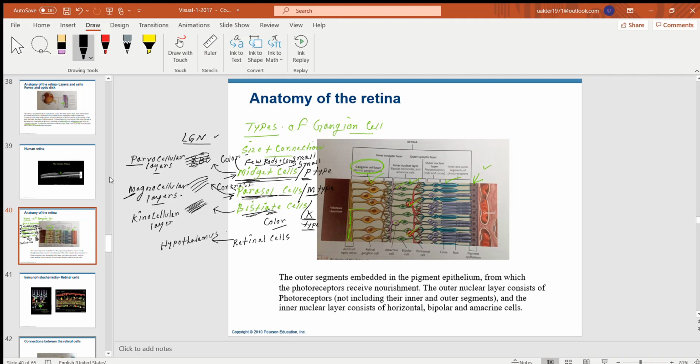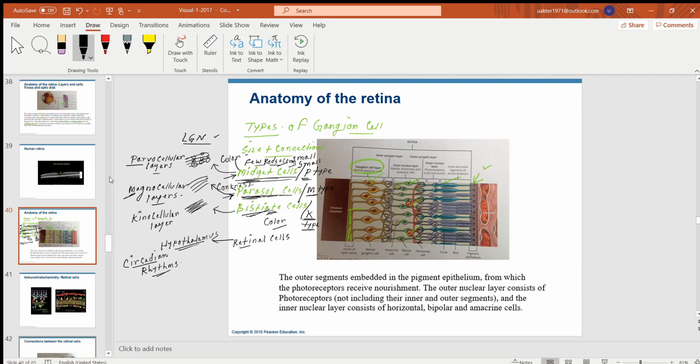Okay, and retinohypothalamic fibers take the signal, and the hypothalamus is related to the circadian rhythm, because hypothalamus controls the other glands, including the pineal gland that secretes melatonin, and melatonin is related to the sleep awakeness cycle, which is the circadian rhythm.